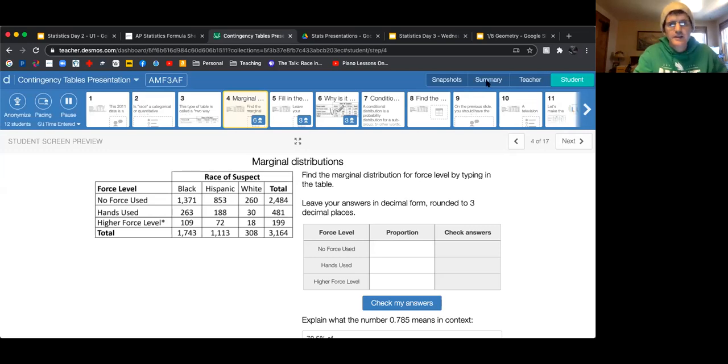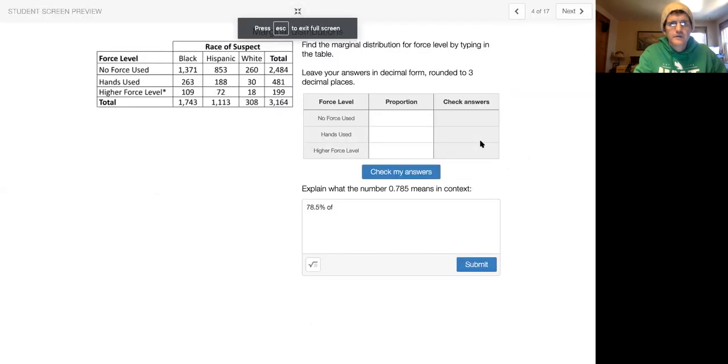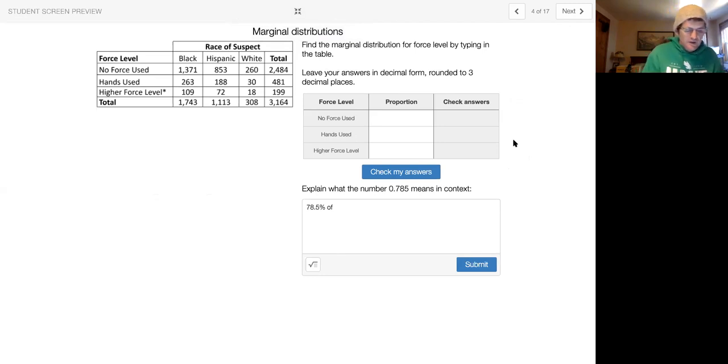Okay, so what we're looking at with this slide right here, I think I can make that bigger, is marginal distributions. It's not completely spelled out in this, but we're going to talk about it more anyway. Marginal distributions are when you look at these column totals right here, or the row totals, and you want to figure out what proportion we're looking at for either one of those.